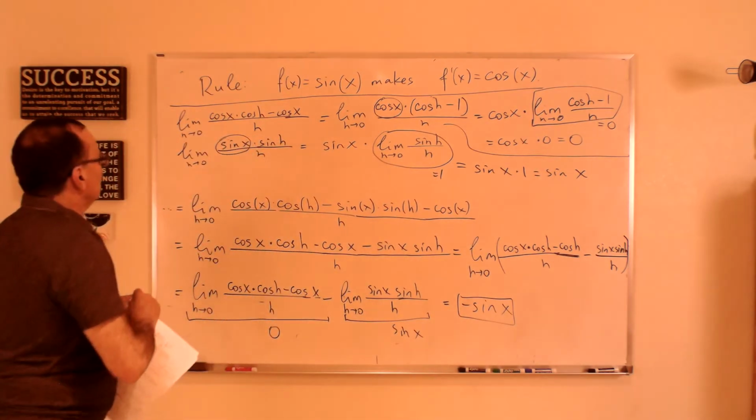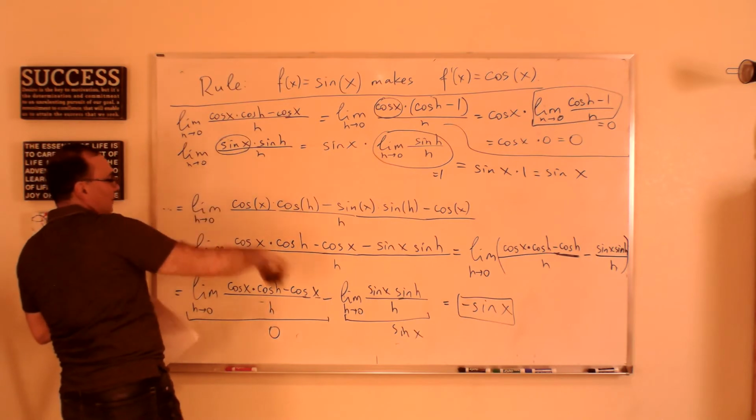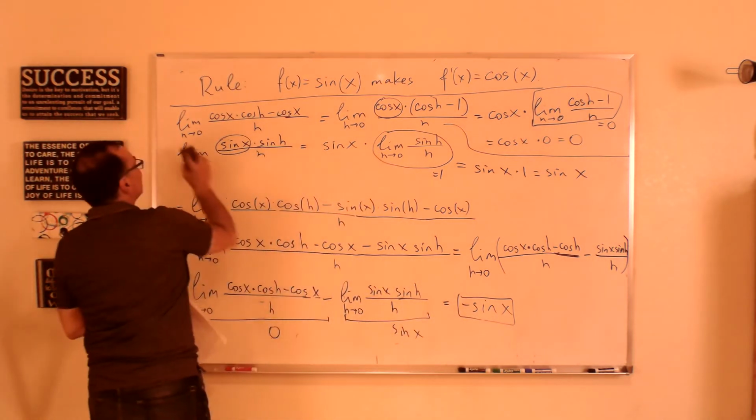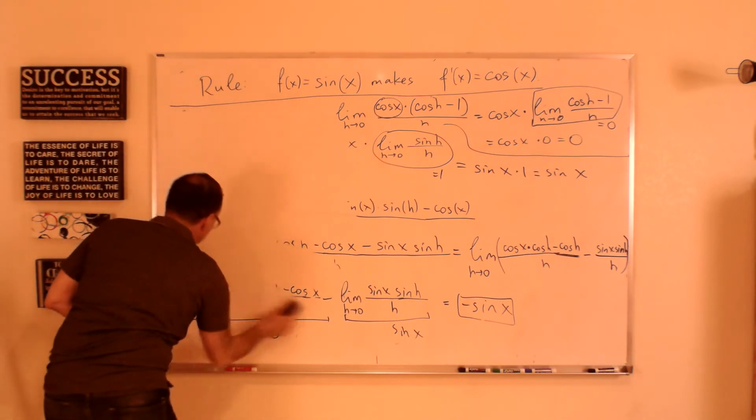Once again, the other rule, the rule about cosine, is that if you start with the function cosine x, then the derivative of this function is negative sine x. So let me write this down.